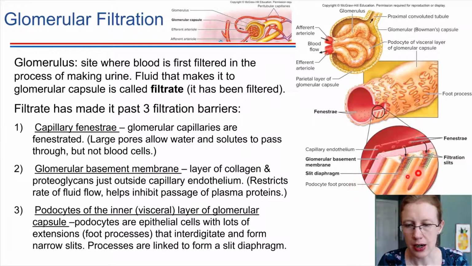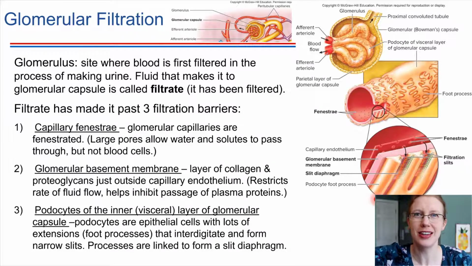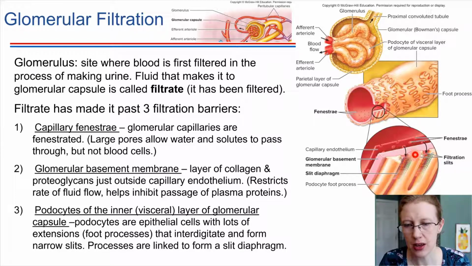Finally, the last layer, still talking inside of the glomerulus, has special cells called podocytes. Podo means feet. They have long processes like feet, really extended feet, and those podocytes lie adjacent to each other. Those long processes are adjacent to each other, and they form narrow slits.